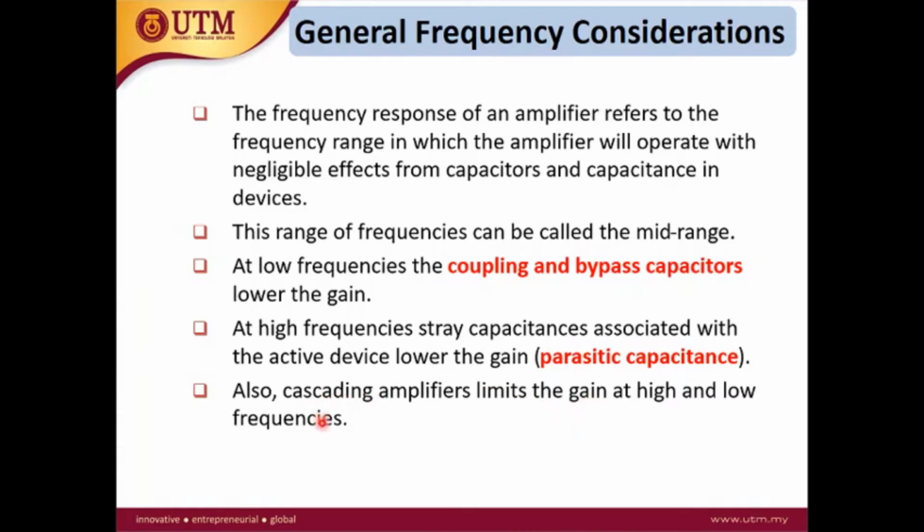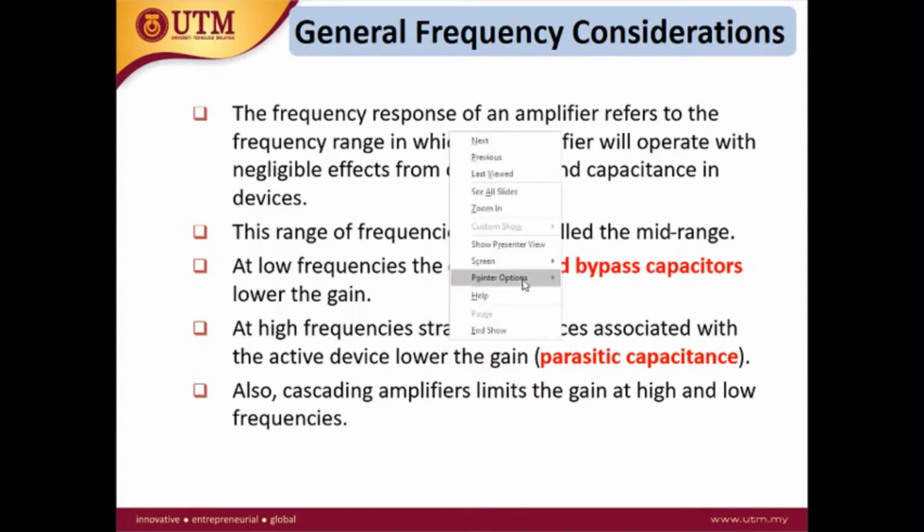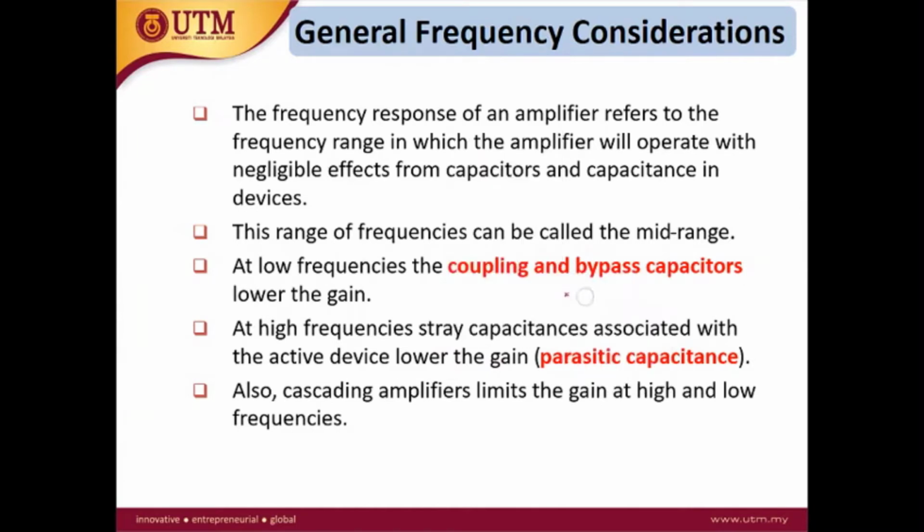Another consideration is that the cascading amplifier limits the gain at high and low frequency. What is a cascading amplifier? In certain cases, for example, we need a very high voltage gain, so maybe one BJT amplifier is not enough.